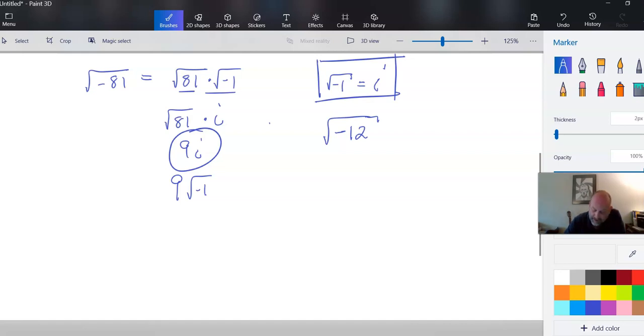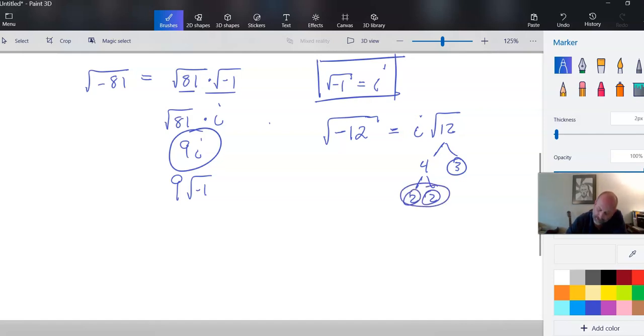Anytime you see a negative on a number under the root, you can get rid of the negative by doing this. You can pull an i out. I know it sounds painful. And just write the positive root. Then once you have the positive root, you can just go ahead and use a factor tree or however you want to simplify this root.